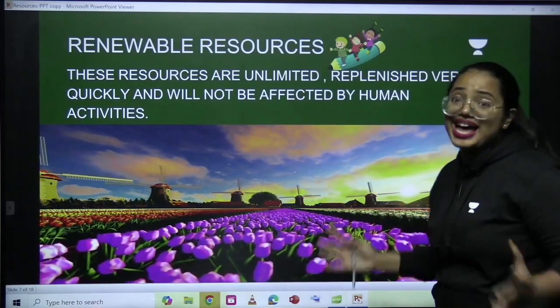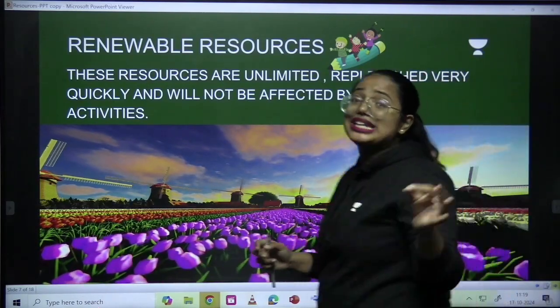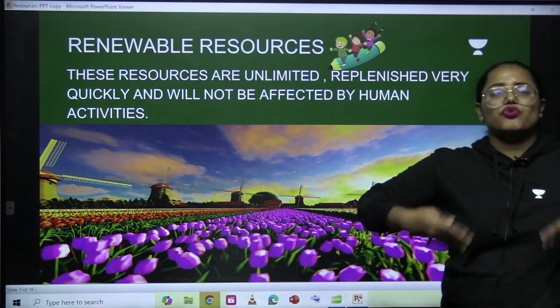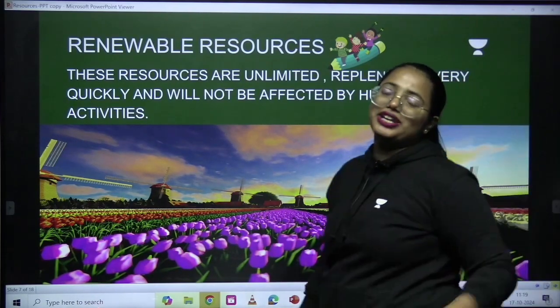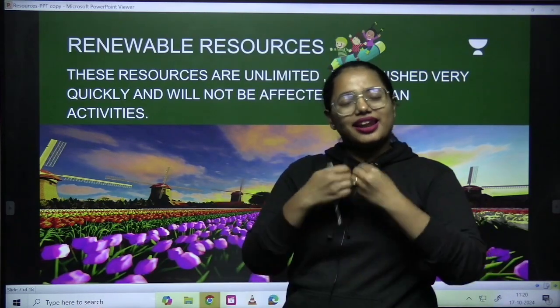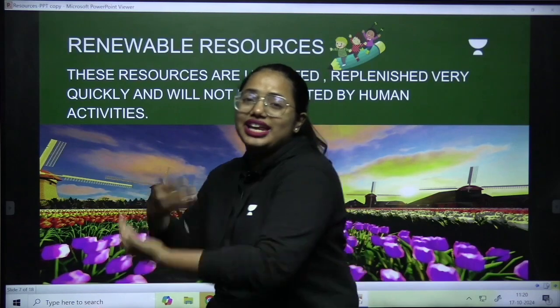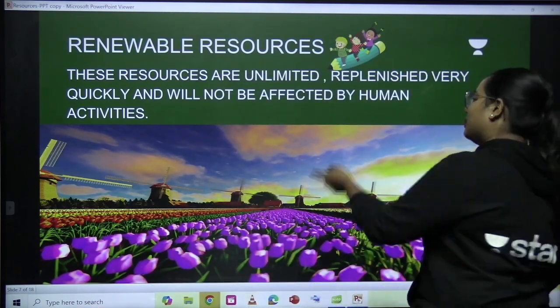It's a basic example of a renewable energy source. It's nothing but wind energy. Therefore, this can be replenished very quickly and is not affected by any kind of human activities. It is available in an unlimited quantity. Therefore, people can make use of it, and it is very easy to renew again and again. Got it?